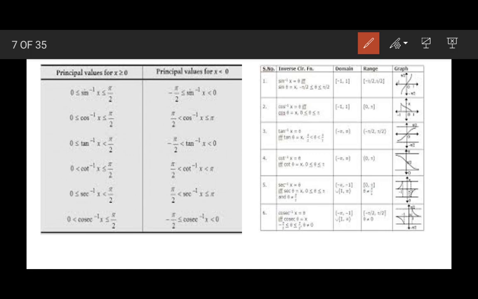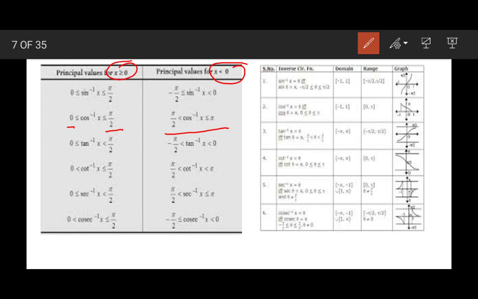Now see the principal value for cos inverse x. When x is greater than or equal to 0, cos inverse x lies between 0 and pi by 2. And when x is less than 0, then pi by 2 is less than cos inverse x less than or equal to pi.